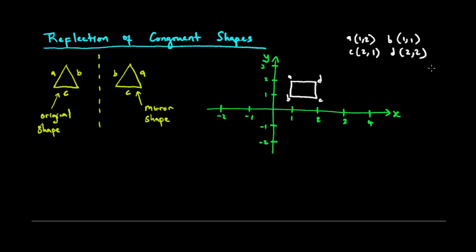Okay, let us say now the question wants us to do a reflection. The first thing is that most of our questions start with: state the coordinates of the vertices A, B, C and D. After reflection in the x-axis and y-axis.